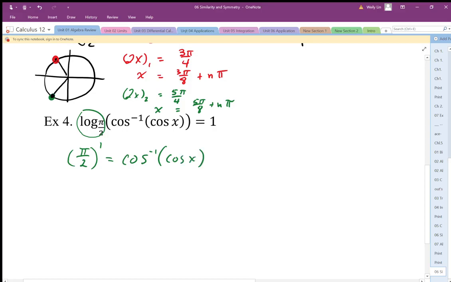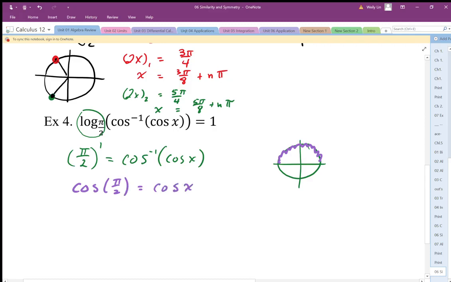So the arc cosine, when I think of the domain of that arc cosine, the range of the arc cosine is going to be from 0 to pi. So the cosine value, when I undo this with cosine, cosine pi over 2 is equal to cosine of x.